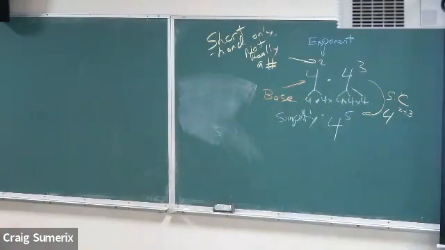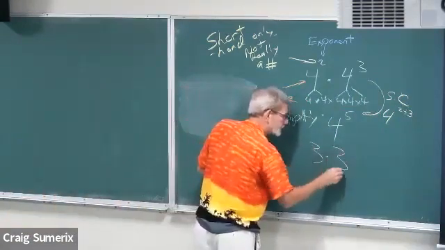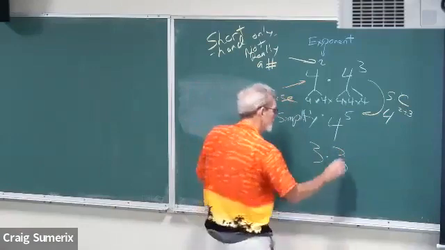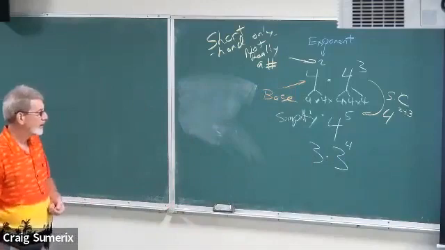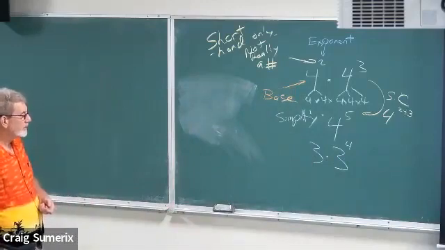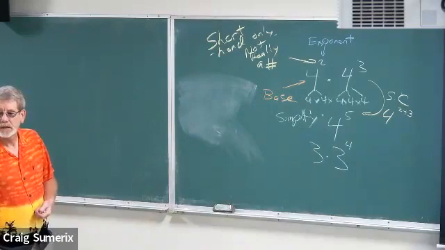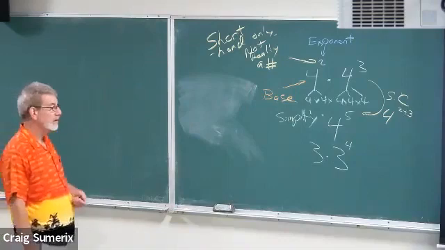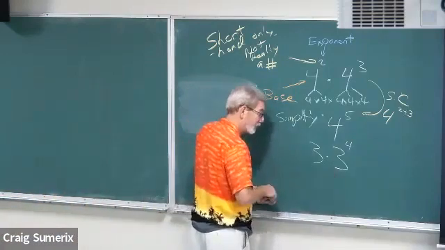So what about something else? I'm going to change the number because I get annoyed when they use the same numbers over and over. If you're going to simplify 3 times 3 to the 4th, you're going to get... No. Well, this is 4 3s.